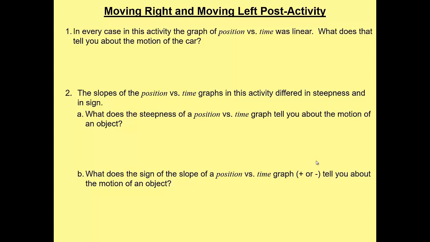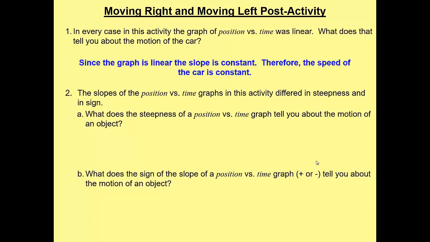They have constant slopes. And since it's a position time graph, we know that means the speed is constant. So since we had a linear slope, therefore constant, we have a constant speed car, which of course we determined when we did the toy car lab, that that's the way the cars worked.